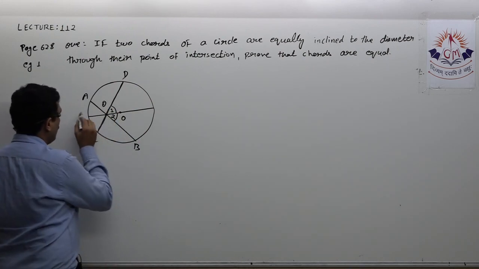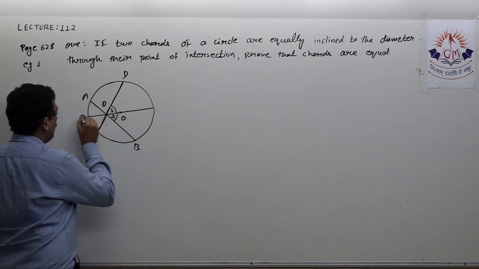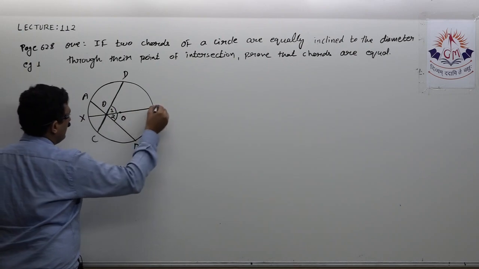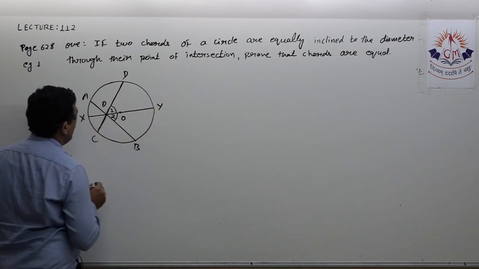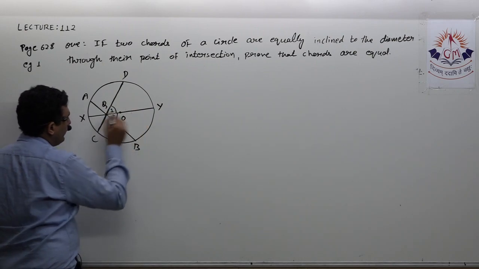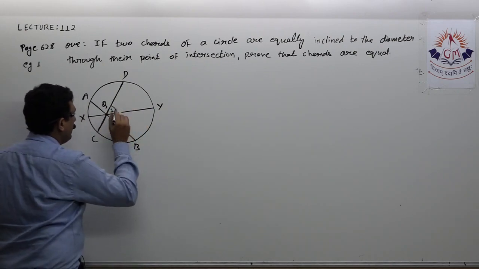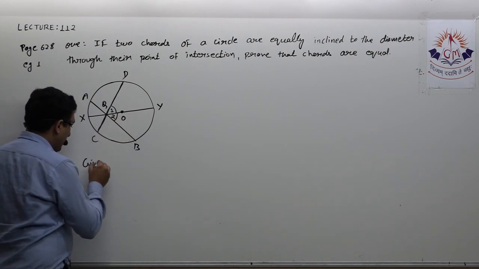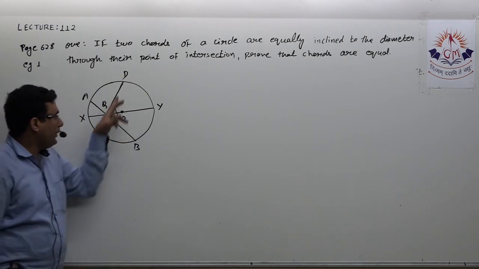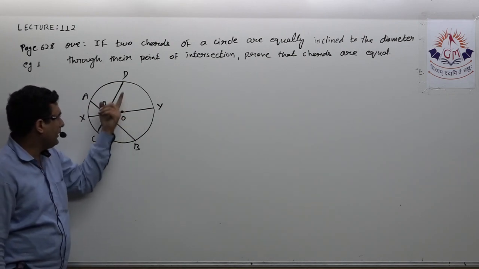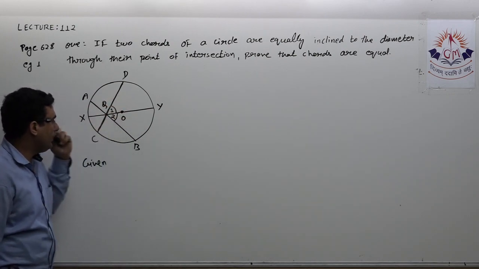Or in other words, if I say this point is x and this point is y, it means angle DQY is equal to BQY. That is the given information. So inclination means the angle between the chord and the given side. Here they are asking about the diameter, that means the angle between the chord and the diameter is equal.